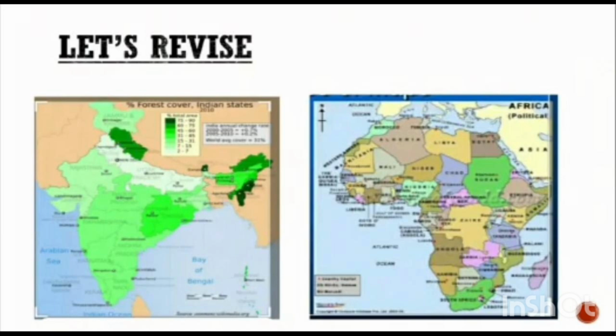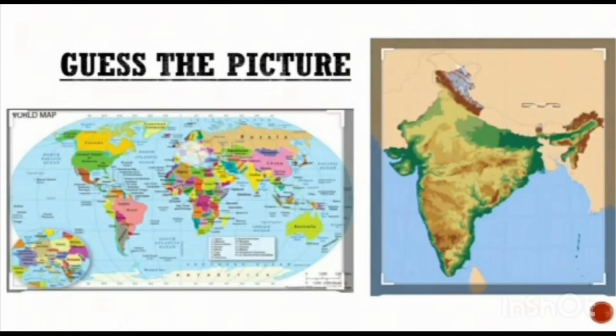Whereas the other map, which is the second picture, is of the continent Africa. In that particular map we can see all the different countries. So here we can say it is a political map, because it visualizes the different countries and states which are present in the African continent.